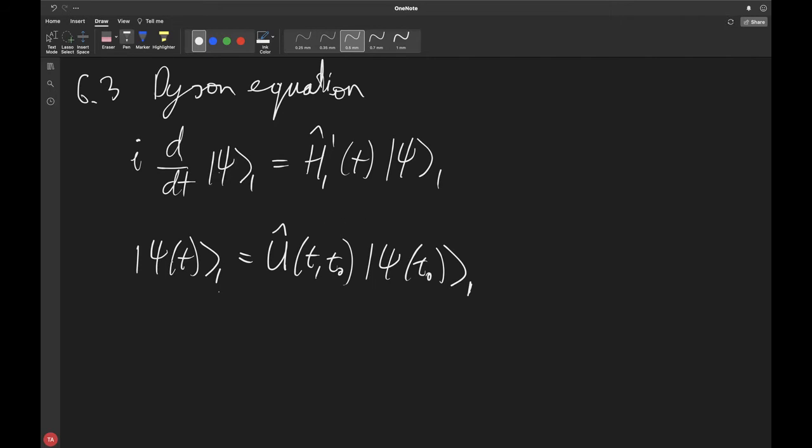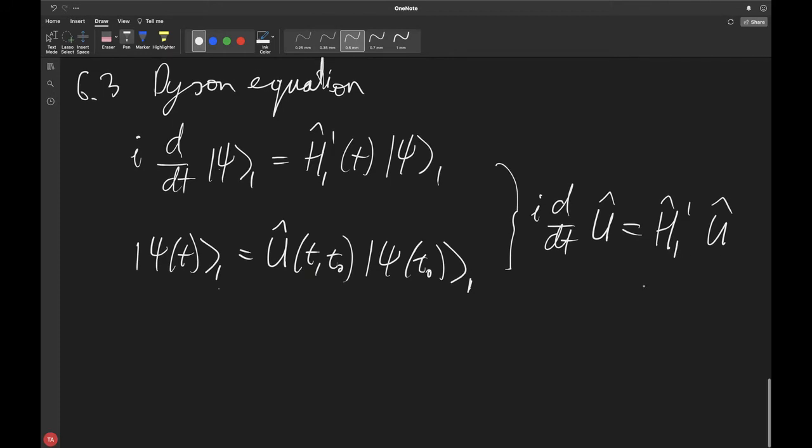So if I plug this back here, then these two things together lead to the equation of i d/dt acting on the U operator is the same as the H_I prime operator acting on the U.